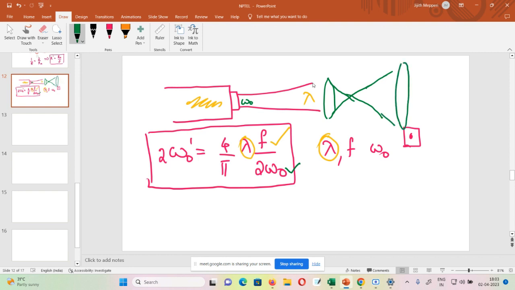This kind of arrangement we call a beam expander. What it will do is change your small diameter beam to a very large diameter beam. Now you have a very high diameter Gaussian beam. That very big beam you will apply to a lens.